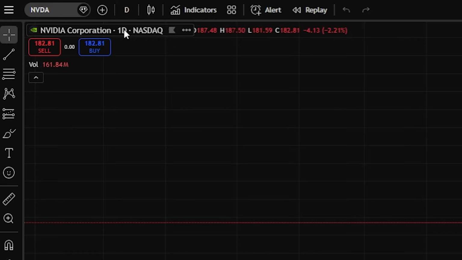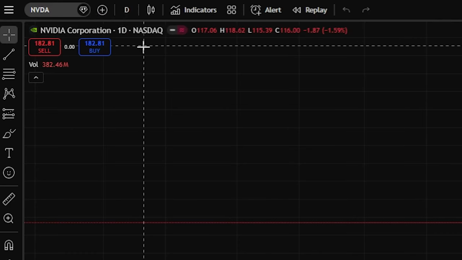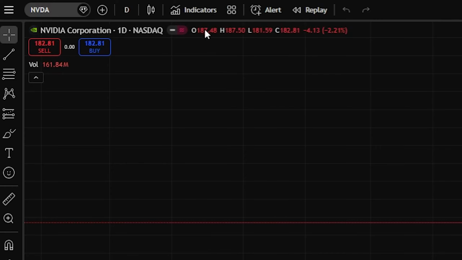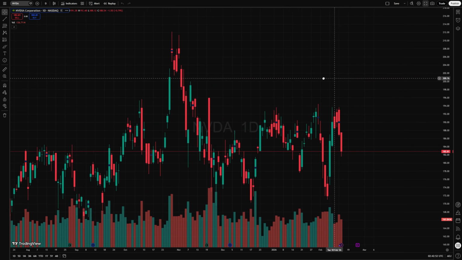Since we're on the 1D, the 1 day time frame, if you're not selected on anything, it'll show you the opening price, which is shown by the O, which was 187.48 at this time for Nvidia, the high, the H, 187.5, the low, L, 181.59, and then the closing price 182.8. And it also highlights it red because the closing price is below the opening price, as you can also see over here.